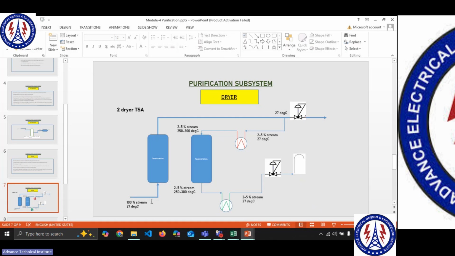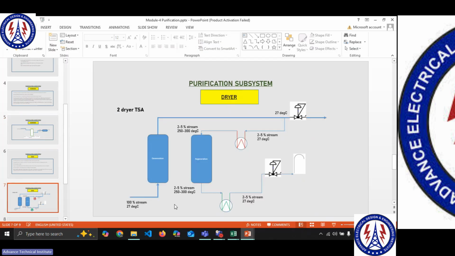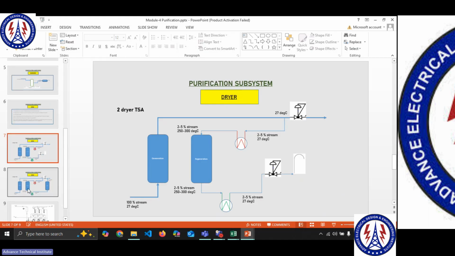Now it is only water vapor. It is cooled down after the oxidizer and goes into dryers. One dryer will be in generation, one in regeneration, and one in half generation. A bypass line is taken to regenerate the dryer. So we are going to find out the heater for this dryer.